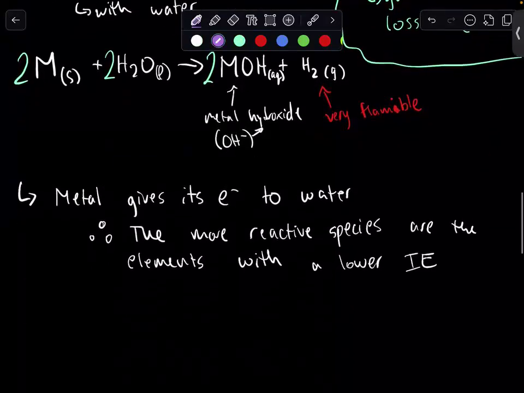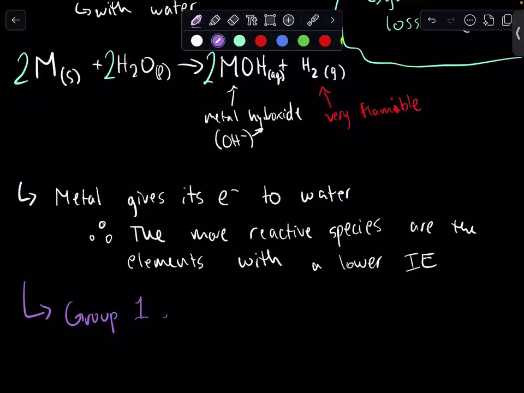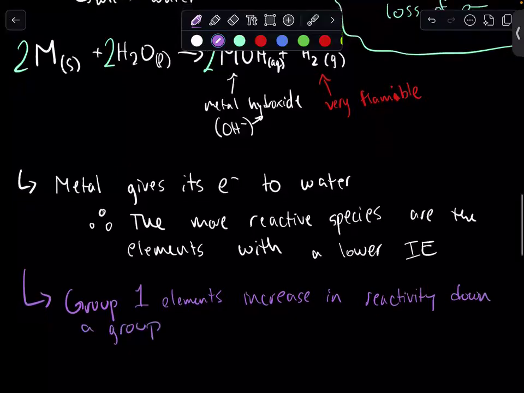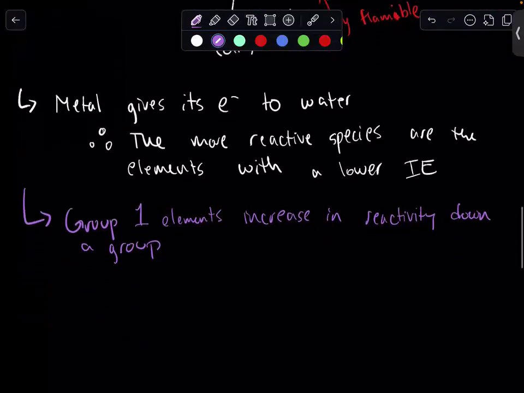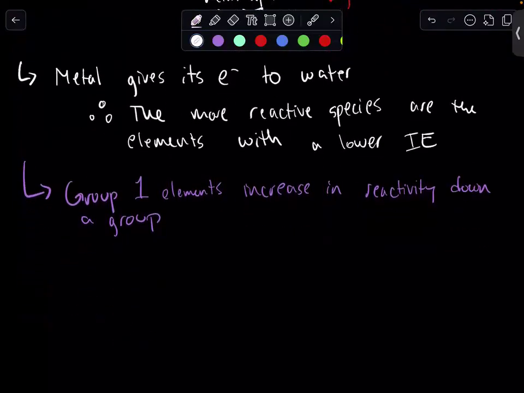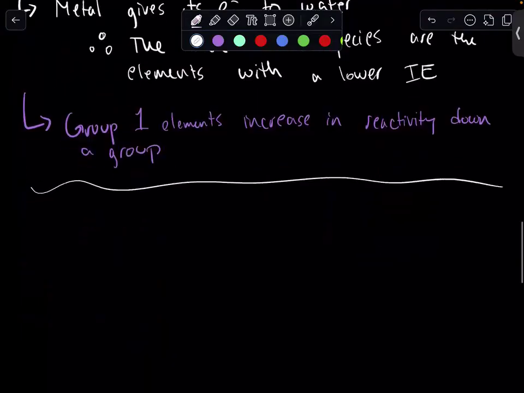With all this said, we can say group 1 elements increase in reactivity down a group. So as their ionization energy goes down and their metallic character increases, their reactivity will increase as well. So that's group 1, or alkali metals.